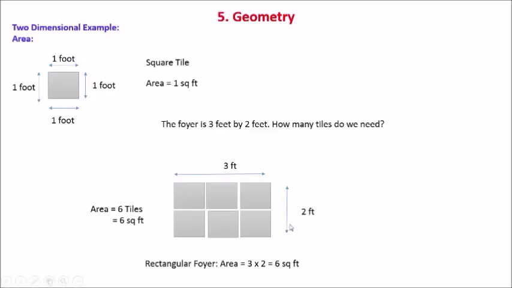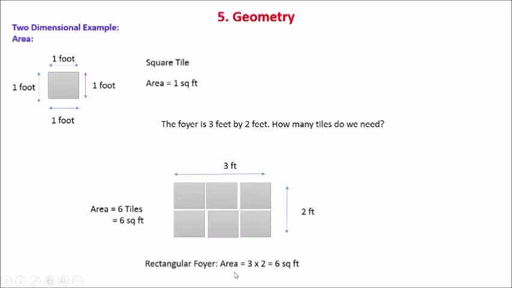How many tiles do I need? So I can lay out exactly 3 tiles this way, another 3 tiles this way. So I can cover my foyer with exactly 6 tiles. So the area of my foyer is 6 square feet because every tile is 1 square foot. I have exactly 6 tiles. So the area is 6 square feet, okay?